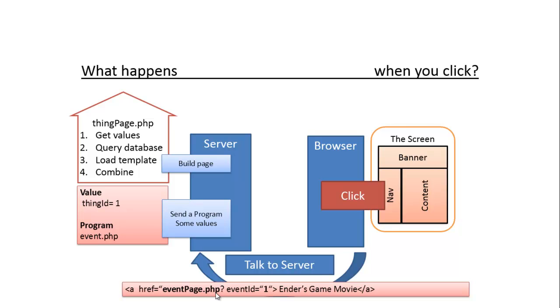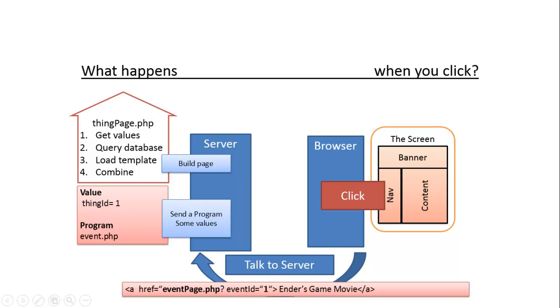Thing.php gets those values and it queries the database. Give me all the event records where the event ID is 1. Then we're going to load the template, and we're going to combine the results of the template with what we found from the database in order to build a page. So let me take us back from the beginning all the way up to this point. You click on something in the browser, and what you clicked on is shown at the bottom of the screen.